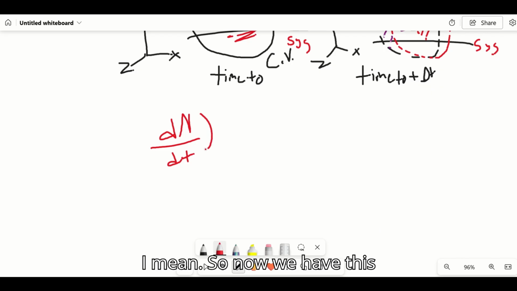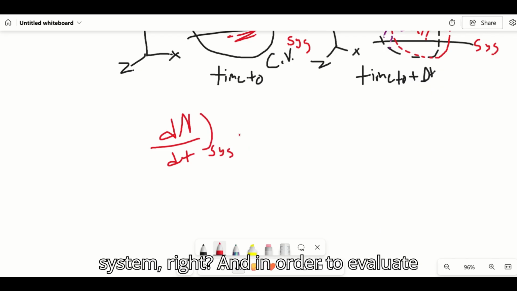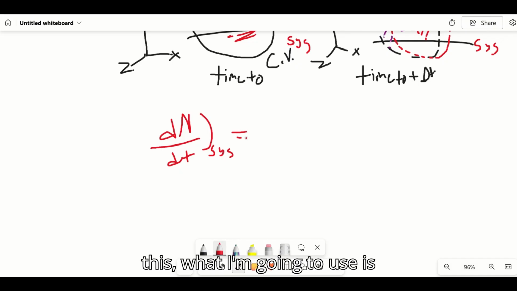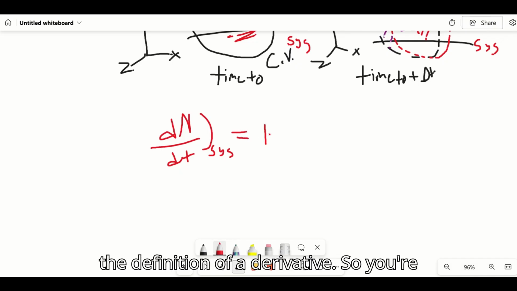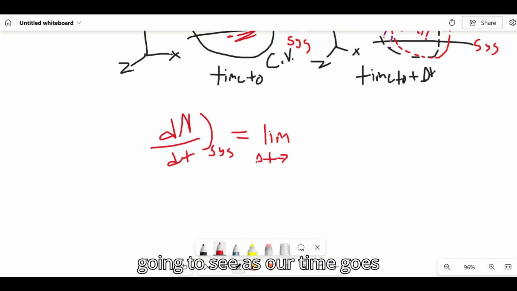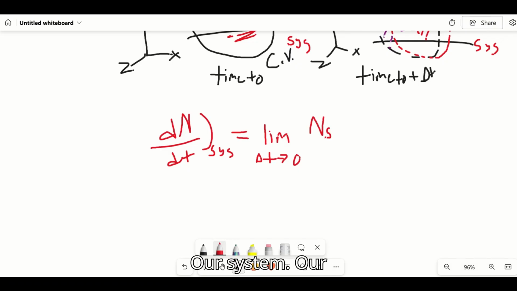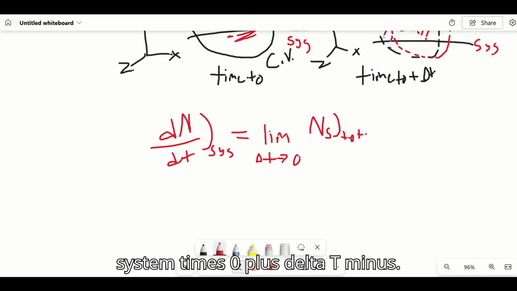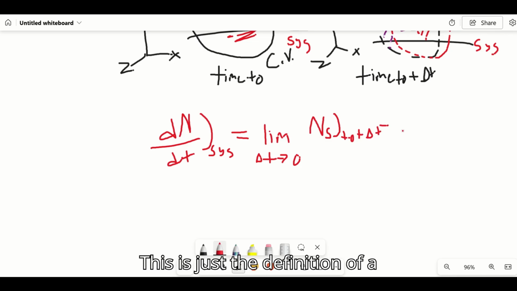So now we have this system, and in order to evaluate this, I'm going to use the definition of a derivative. As our time goes to 0 in the limit, we're going to have our system at time t0 plus delta t minus our system at t0, over delta t.